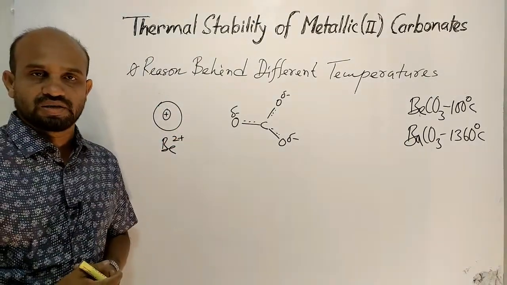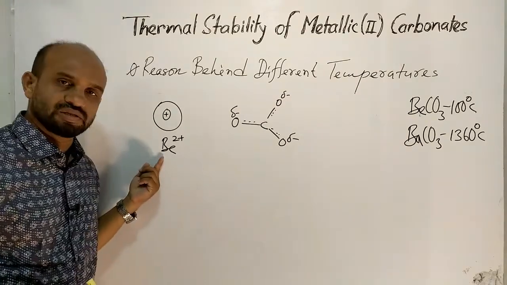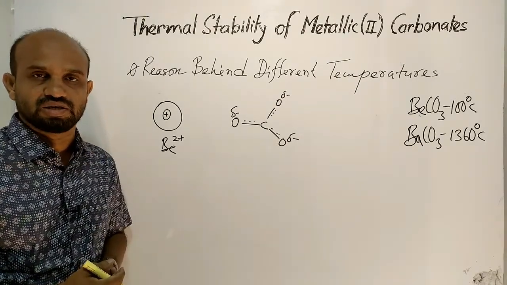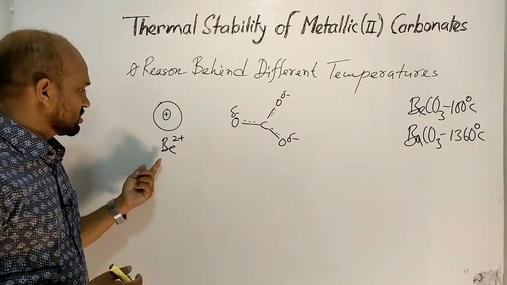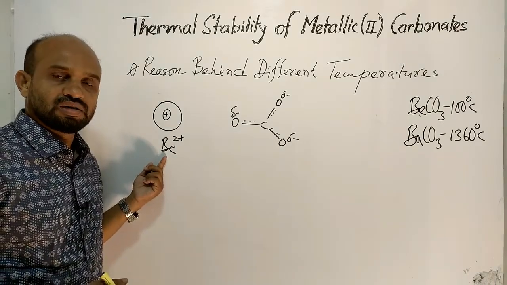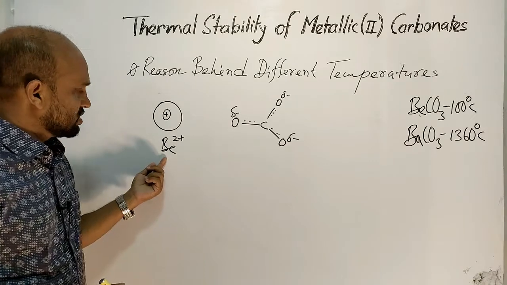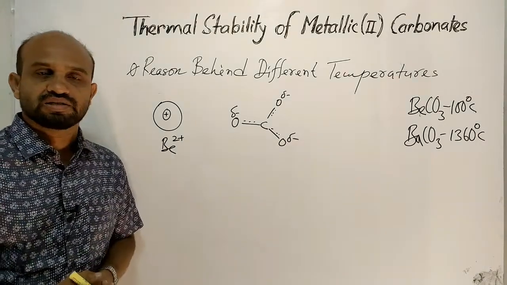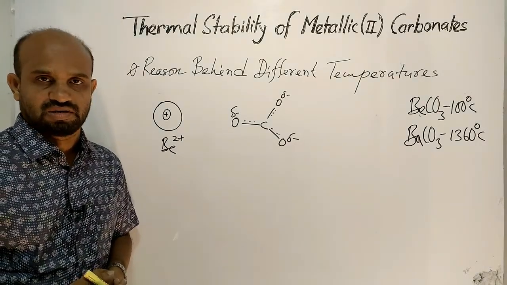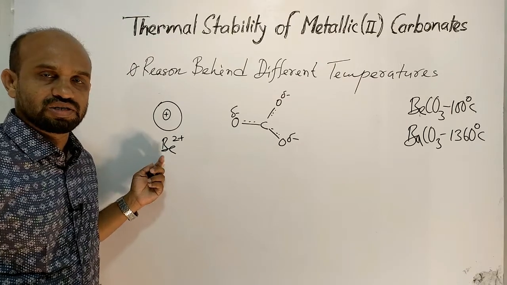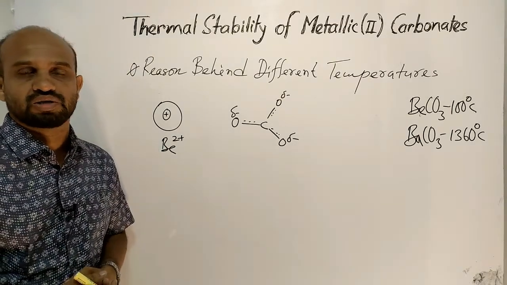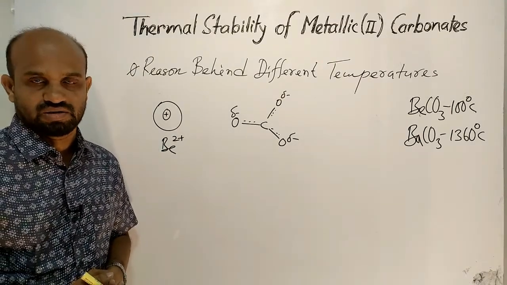We already learned that beryllium is smaller in size in this group, and this is a di-positive ion. That means in this case the charge density is very high. For this reason its polarizing power is very high as well.